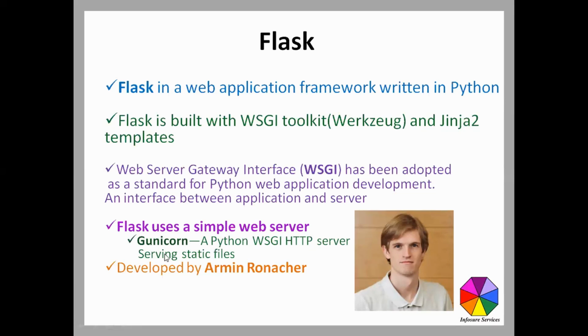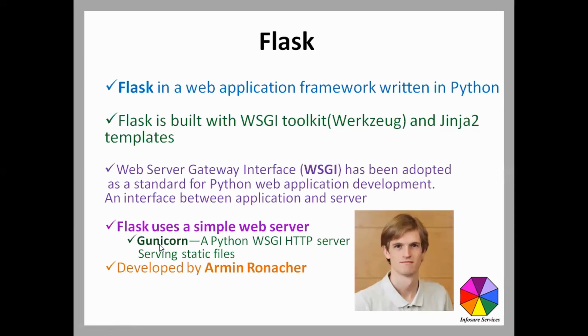However, when you build your application, it can be deployed on a production-based server, a Python-based WSGI HTTP server called Gunicorn. Green Unicorn, or Gunicorn, is a production-based server which has capabilities to receive the request, process the data, and get the resulting HTTP response back to the end user.